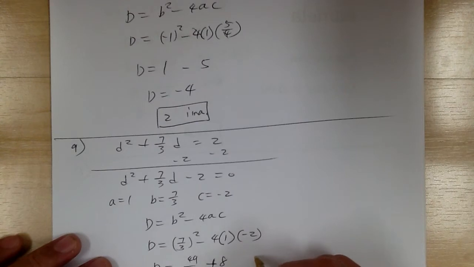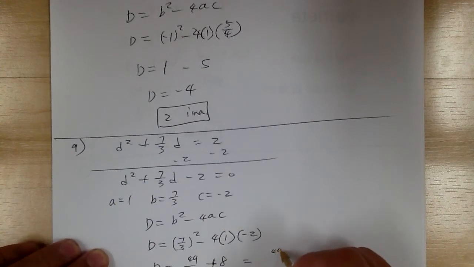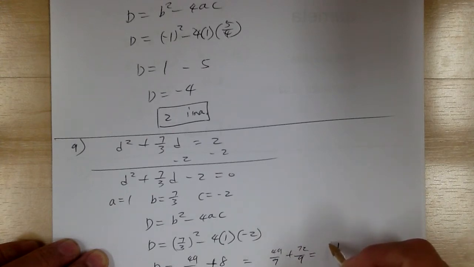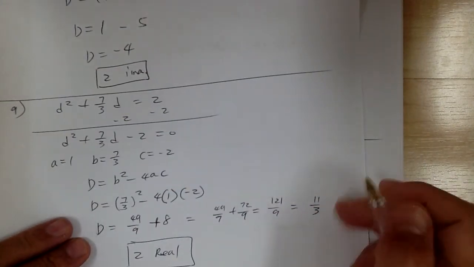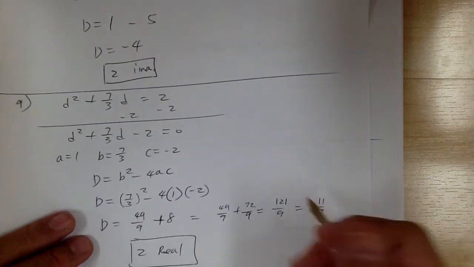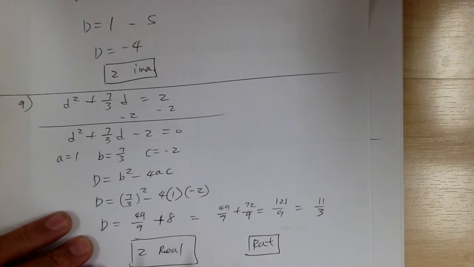This one you can go and add. So this will equal 49 over 9 plus, so the square root of this would be 11 over 3. So again, when it comes out nice, this would be rational.